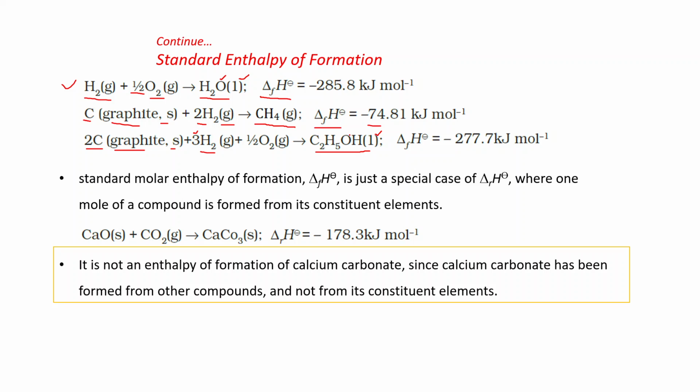And there is one oxygen atom in its formula, that's why we'll take half O2 gas. This is the standard enthalpy of formation for C2H5OH. Standard molar enthalpy of formation, or we will use standard enthalpy of formation, is just a special case of standard enthalpy of reaction.